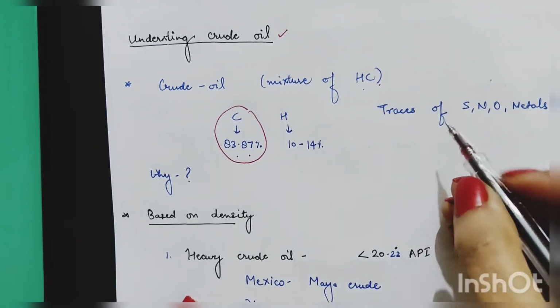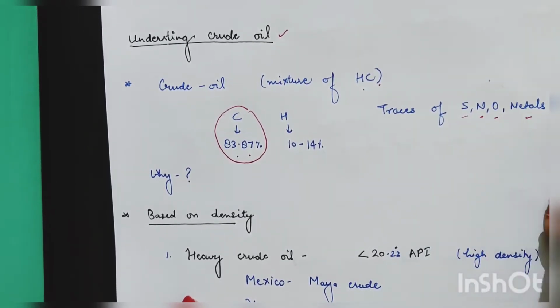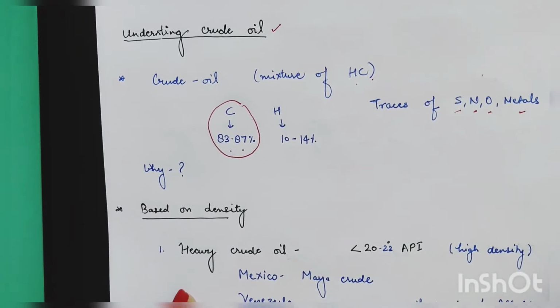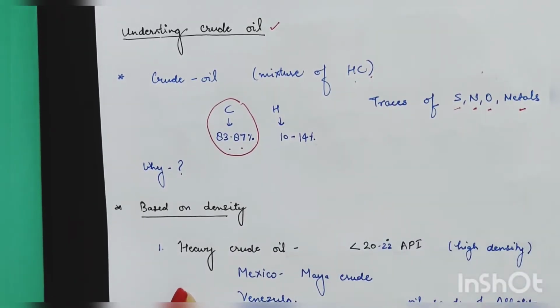And along with it, some traces of sulfur, nitrogen and oxygen and some metals are also found in crude oil. So based on these traces and these properties, the different refinery mechanics and different distillation units are decided later. So that is why we are starting with the basics of crude oil.